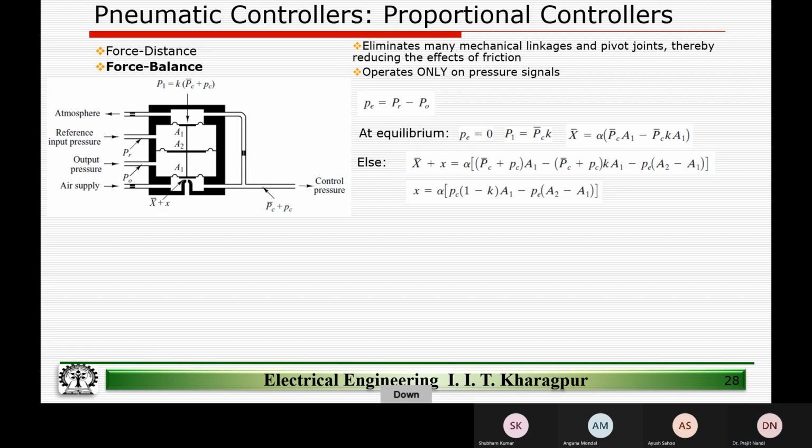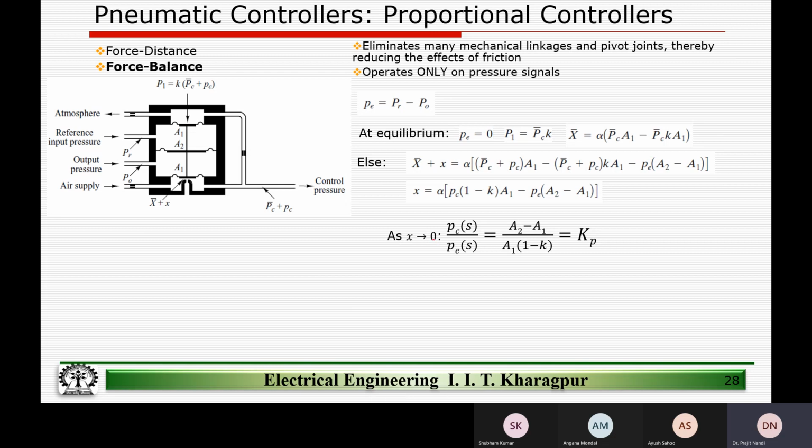And if I put this equation here, I can find out what is my incremental movement x as a function of the error signal and the control signal. So as x tends to 0, because at equilibrium x will tend to 0, right? At equilibrium there will be no more movement, or x will be very small.